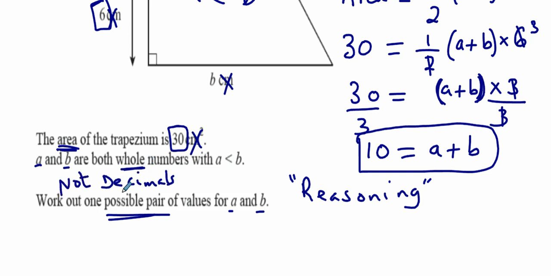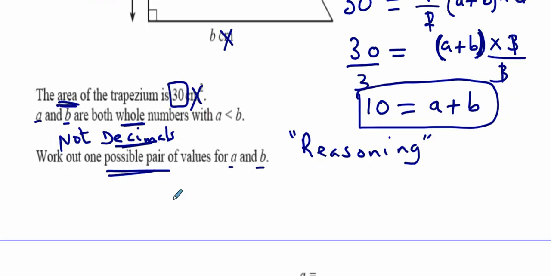They are whole numbers, but with the condition that A should be less than B. Now work out the possible pair of values for A and B with the condition that A should be smaller than B. But put in your mind that A plus B should be equal to 10.